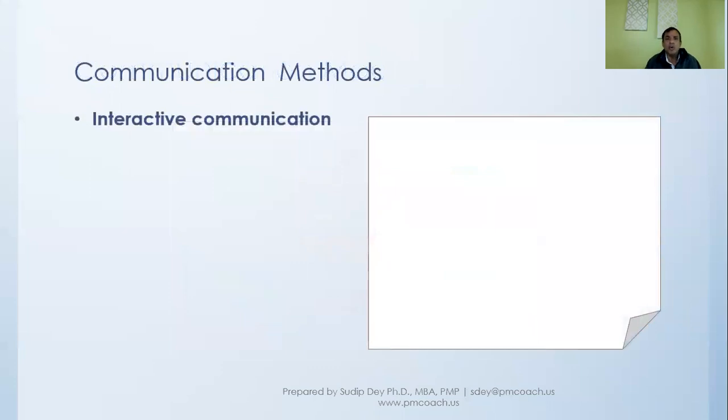Now there are different communication methods. One is what we call interactive communication. Interactive communication is multidirectional. For example, it can be two or more parties. When you are doing a one-on-one interview, it is really between two.